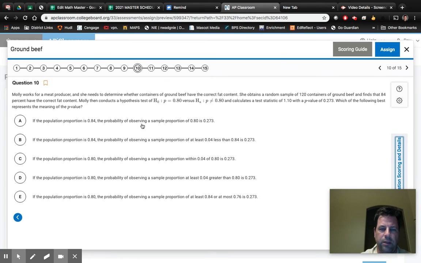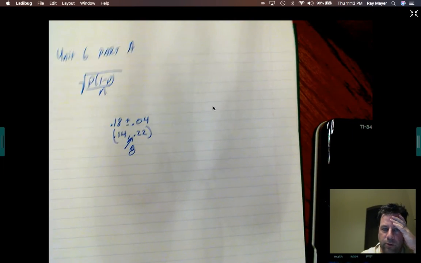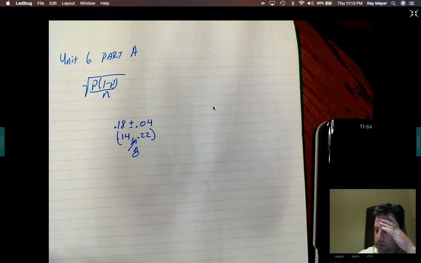The probability of getting, no. We're trying to assume that the population is true. If the population proportion is 0.80, the probability of observing a sample proportion within 0.04 of this is this. Okay, we think it's different. So let's kind of look at the picture here, right?